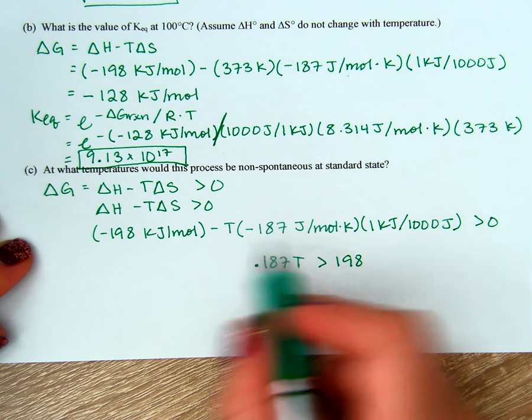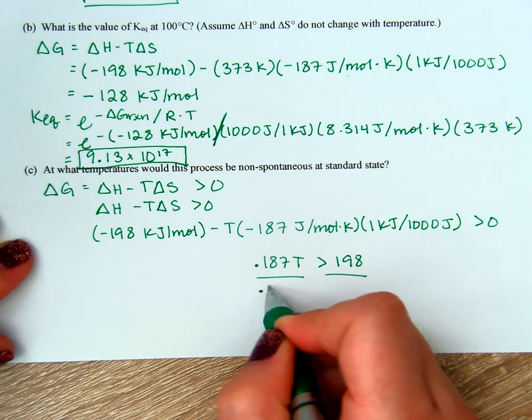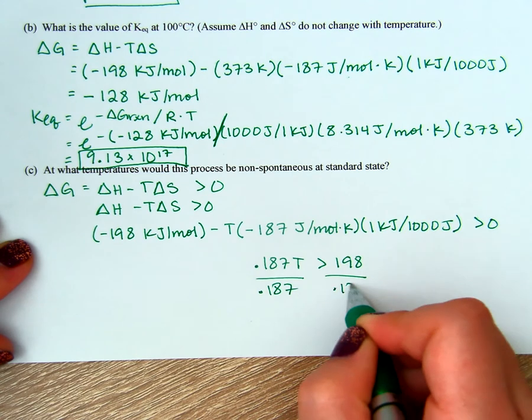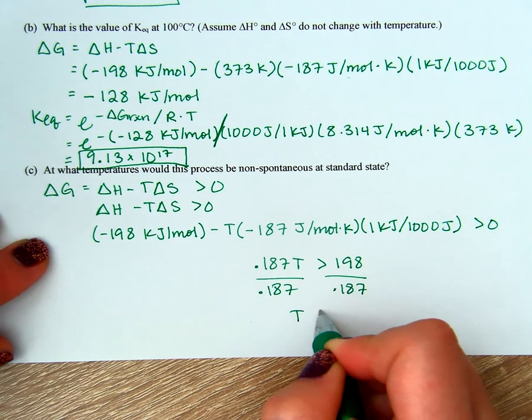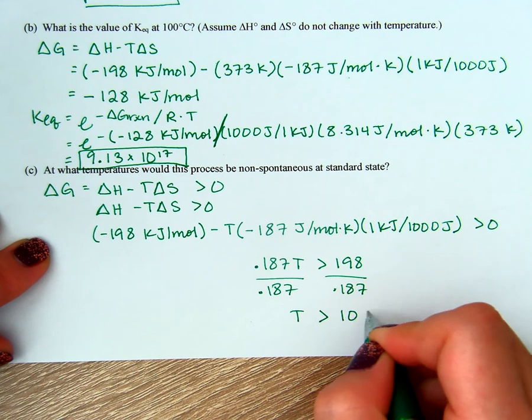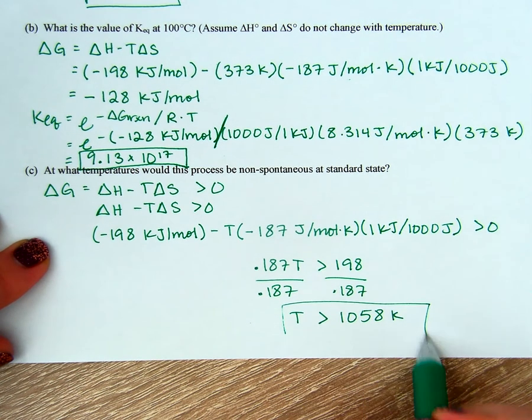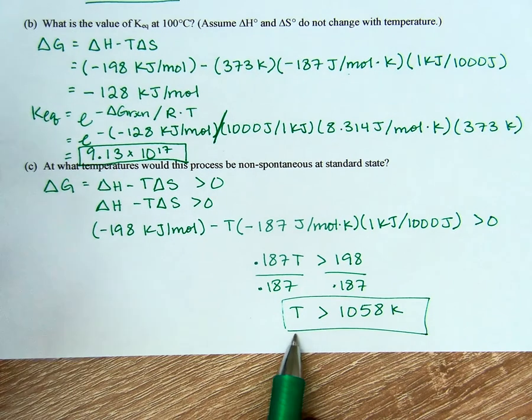And I just got rid of all my units here so it's not so confusing. I'm going to isolate T, so divide by 0.187, 0.187, and T is going to be greater than 1,058 Kelvin. So our temperature needs to be greater than 1,058 Kelvin to make this non-spontaneous in the forward reaction.